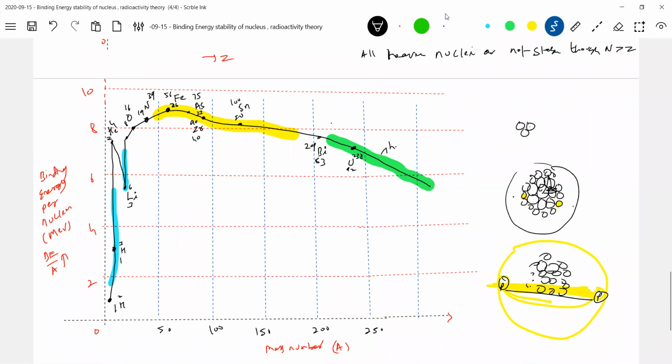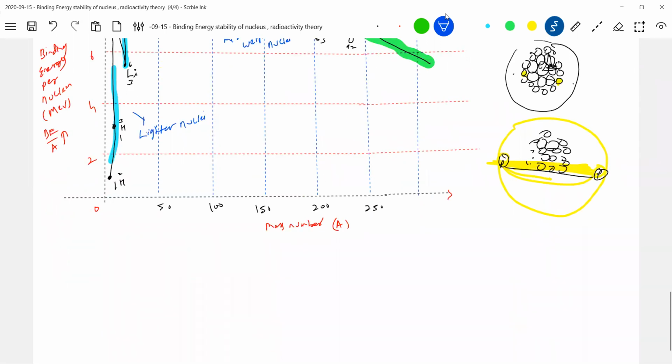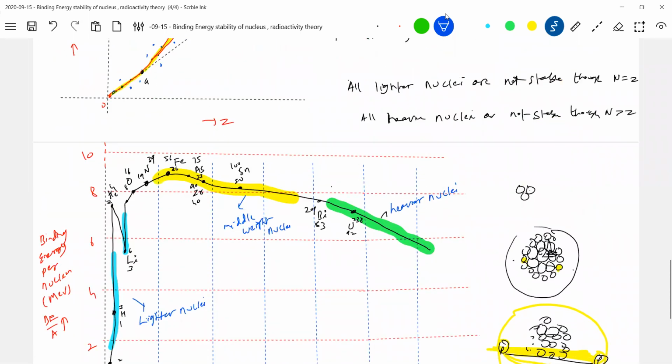These are heavier nuclei. Middleweight nuclei. These are lighter nuclei. Okay, let's get into it. Now I am bothered about the heavier nuclei, which are stable.